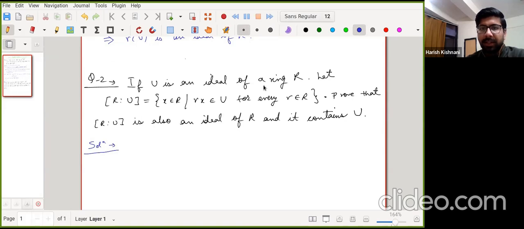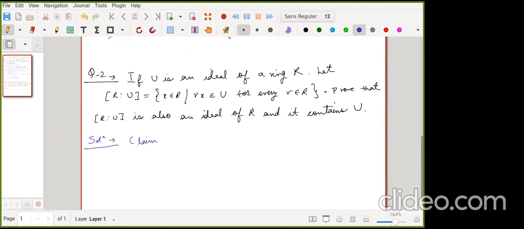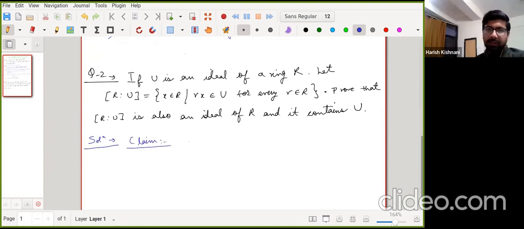Whether the elements of U satisfy the property listed here? It contains U because U is an ideal. Yes. So it trivially satisfies this property, right? All elements of U trivially satisfy this property.